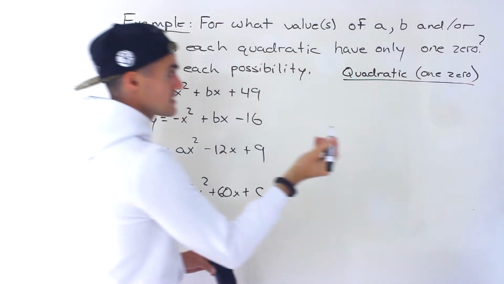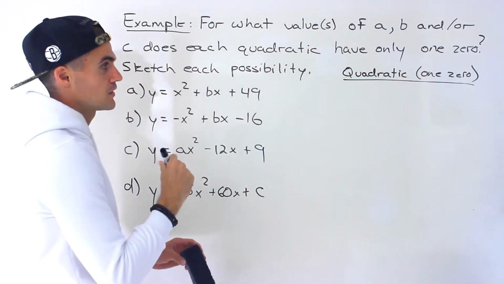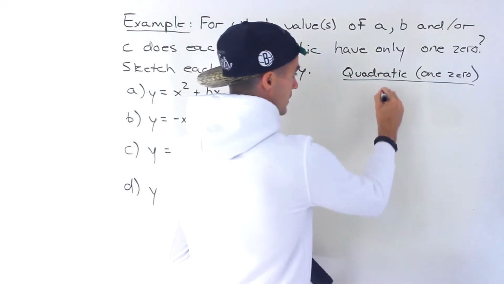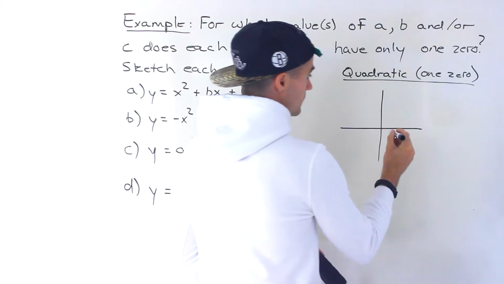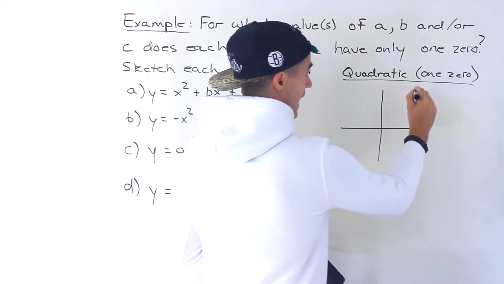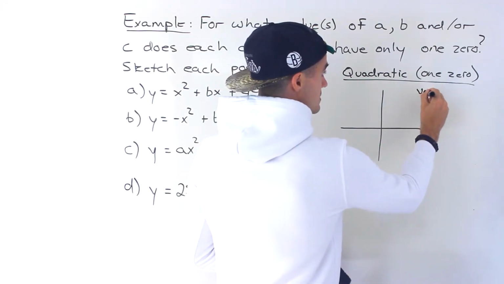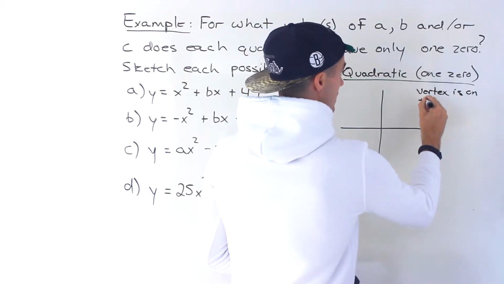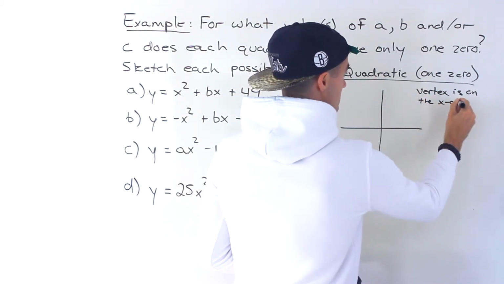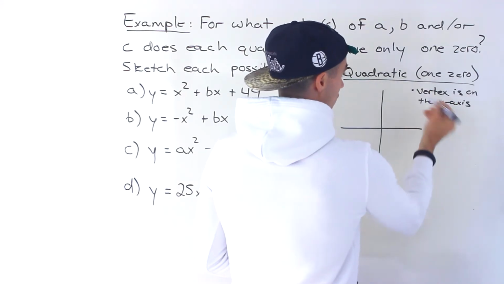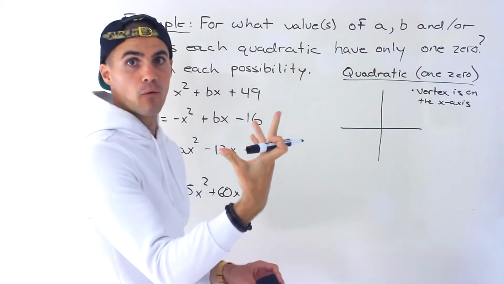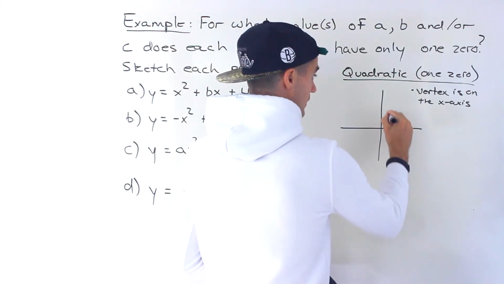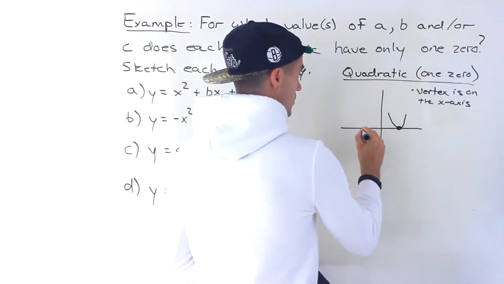We've discussed these a lot of times in previous videos, but a little review doesn't hurt. Well, first off, graphically, if a quadratic is only going to have 1, 0, it means that the vertex is on the x-axis. It also means the vertex is that 1, 0, that one x-intercept. So it could maybe look something like this, or it could be opening down.